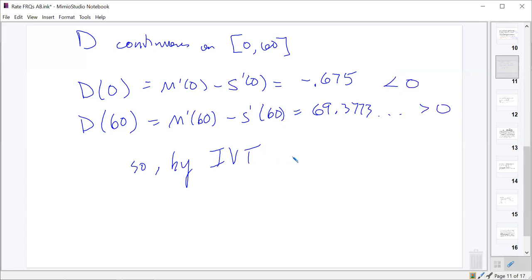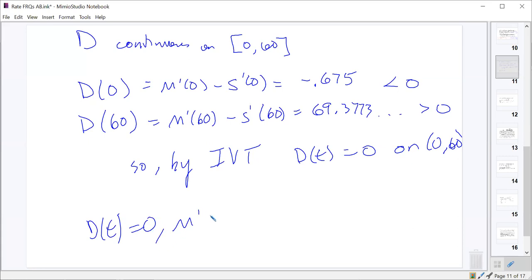So by the IVT, D of t equals 0 somewhere on the interval 0 to 60. And if D of t equals 0, that means that M prime of t equals S prime of t somewhere on that interval. And those are the rates, which tells us that the rates must be equal somewhere on that interval, which is what I was asking.